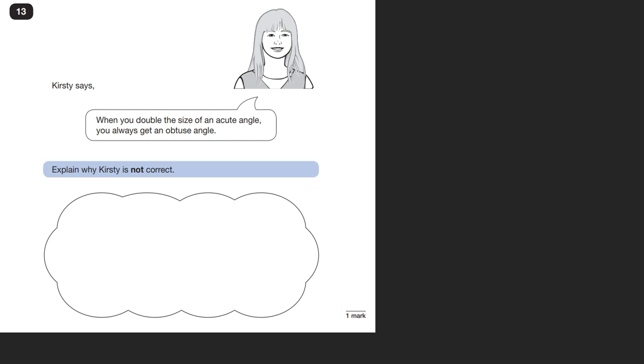Kirsty says, when you double the size of an acute angle, you always get an obtuse angle. Explain why Kirsty is not correct, right? So, acute angle example.